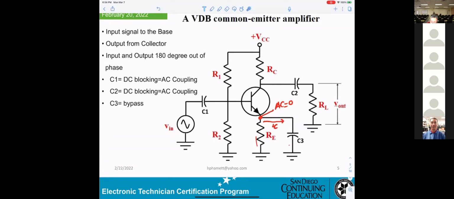Whoever has been here before, you can tell me. C3 bypasses RE. Why do we need that bypass?